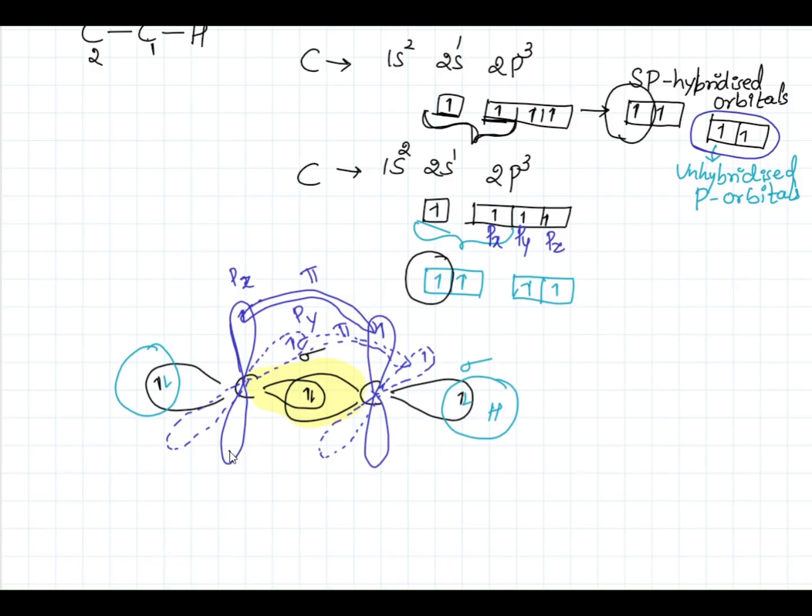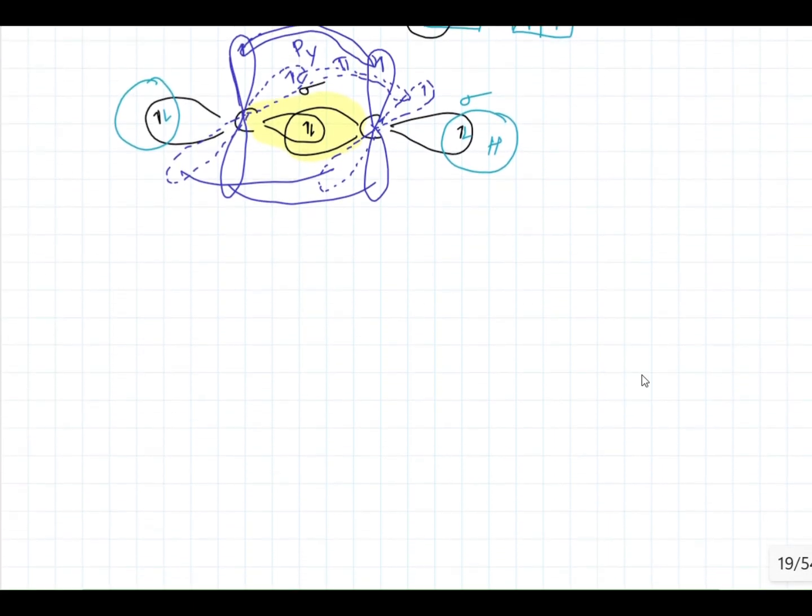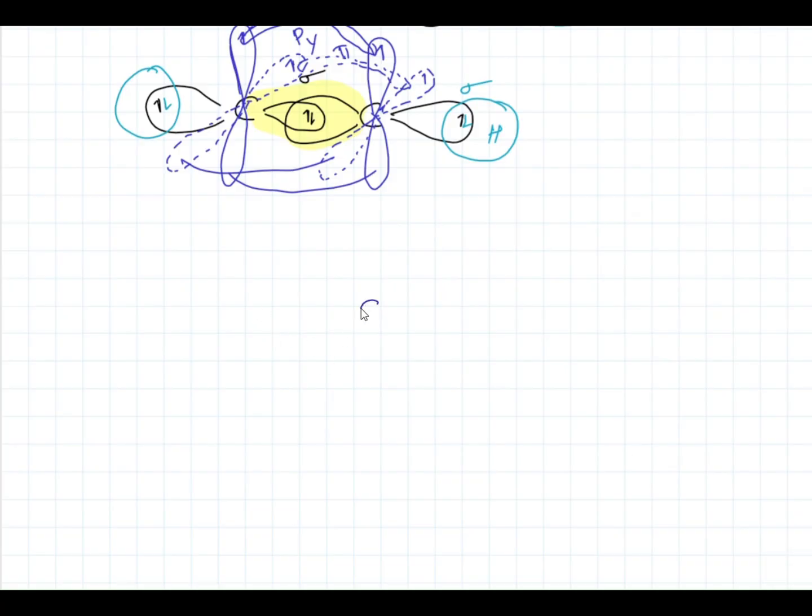So there is the formation of two pi bonds. The carbon and carbon have three bonds, of which one is a sigma bond and two are pi bonds, and hydrogen is also bonded with the carbon atom.